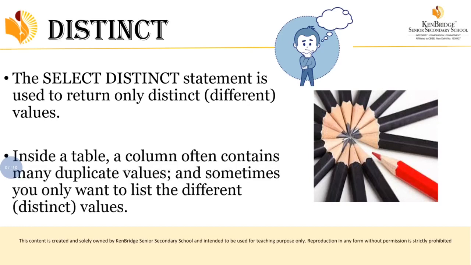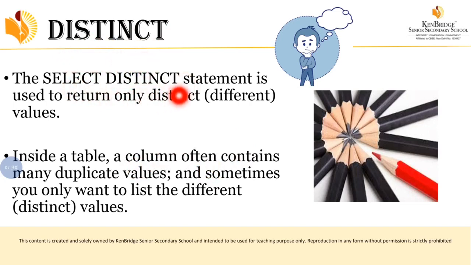Then the next use is, inside a table or a column, it will contain duplicate values, right? So sometimes we need only the different list, that is a distinct list. At that point of time, we can use this distinct clause. So there are two uses for this distinct statement.